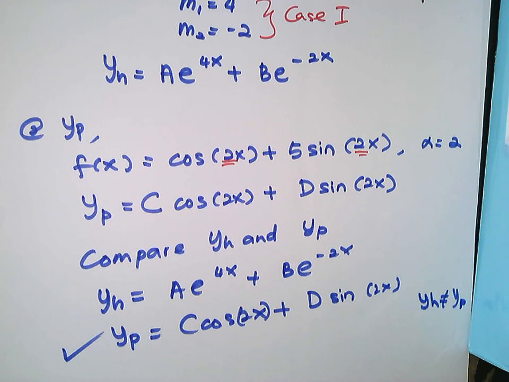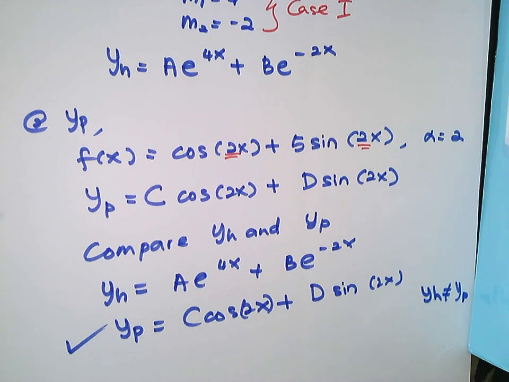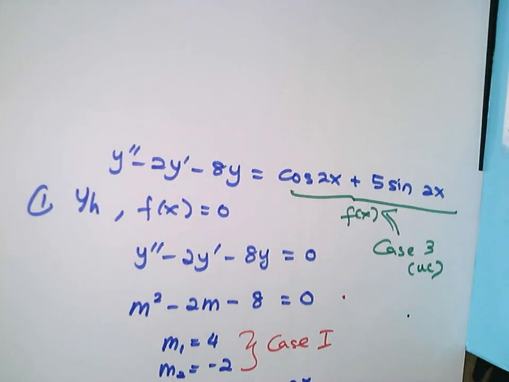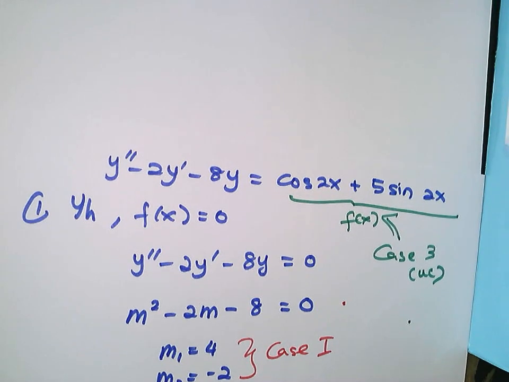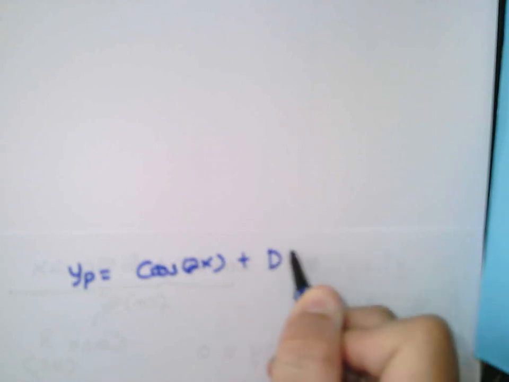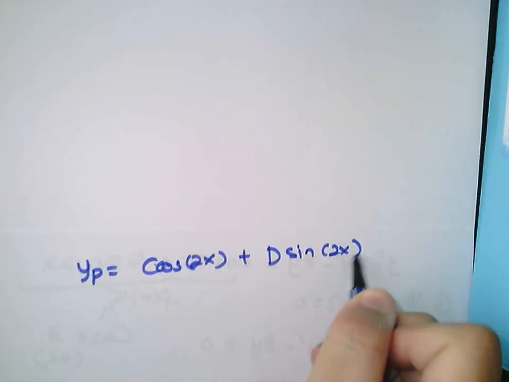So next, what you need to do is you have to differentiate your YP. Okay, and substitute back into your differential equation, compare with your right hand side and get the value of C and D. So I'm using this one. So our YP is equals to C cos 2x plus D sine 2x.